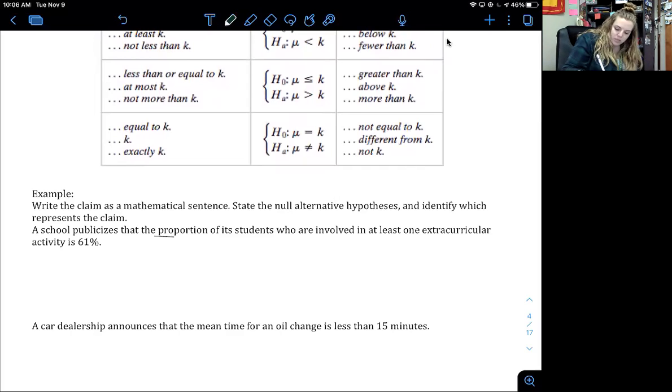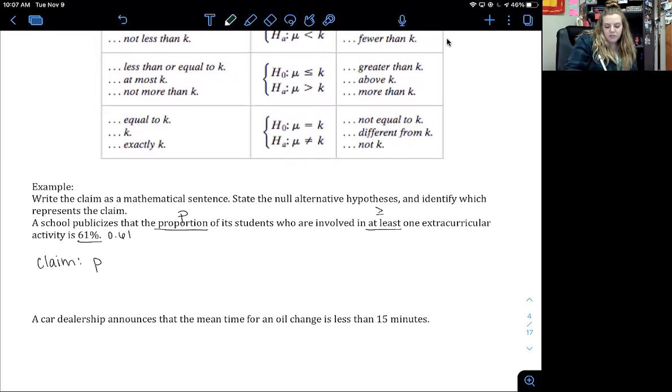So we have proportion, which means that we're looking at p, and we're looking at least, which is greater than or equal to. And then our 61%, we're going to change to be 0.61. So the claim, if we write that as a mathematical statement, becomes p is greater than or equal to 0.61.